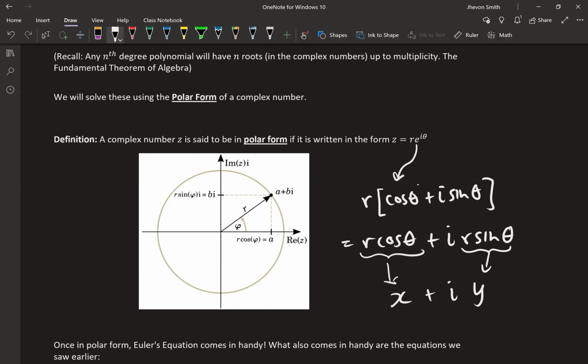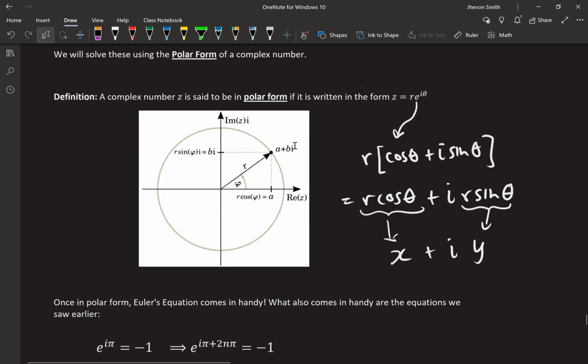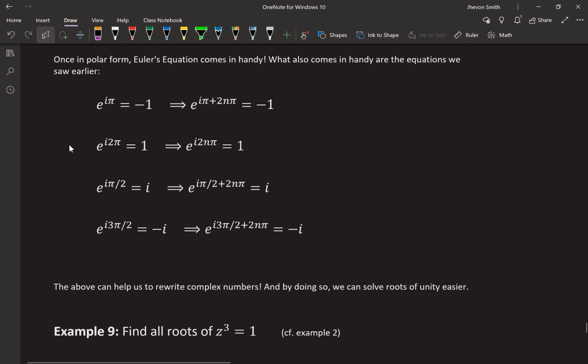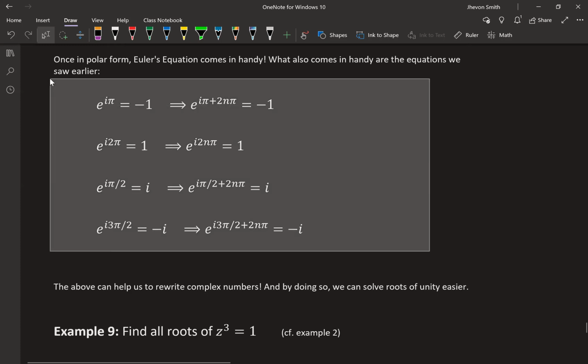And so when we want to look at a root in that way, these equations, which you also derived earlier, also come into effect. They become useful, meaning I can build up any complex number using these four, because I can figure out the one as that e^(i2π), or more generally e^(i2nπ). And so if I want some other number, any constant, I can just think of multiplying by that.